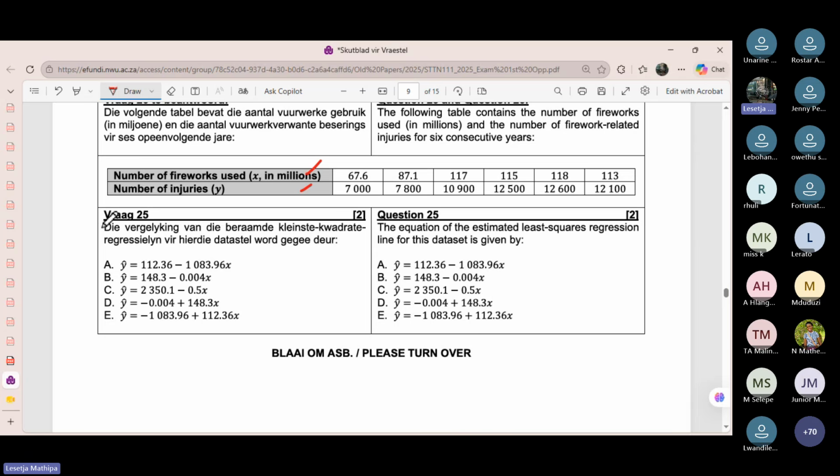I'm going to check my messages after the session. Then you get the value of A and B. So I want you guys now to substitute those values in the calculator and get the value of A and B so that we can get the equation.